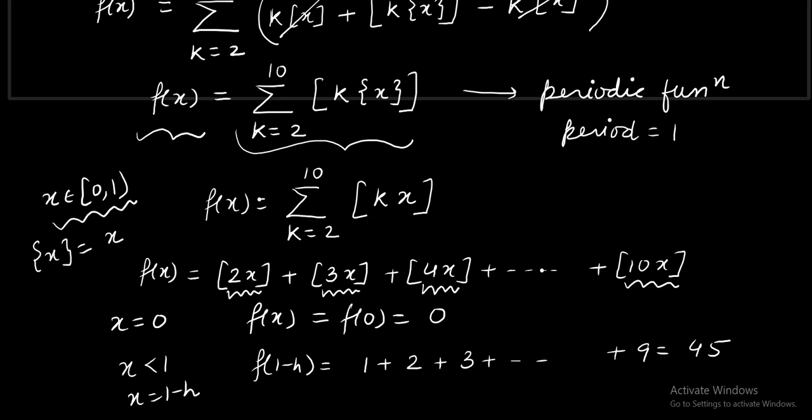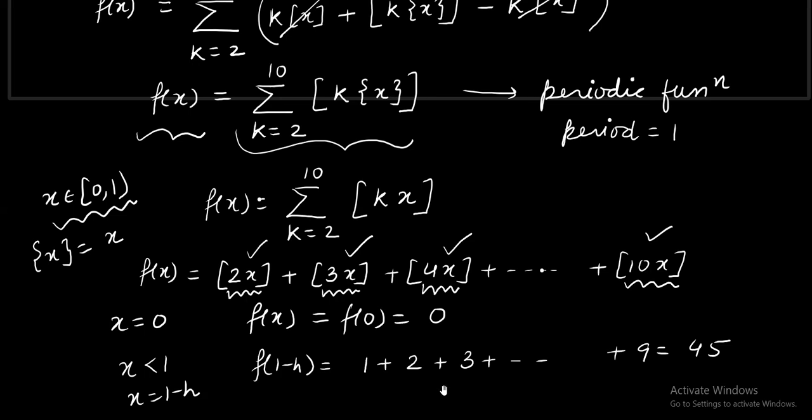We know that since x is positive, all these terms will keep on increasing. None of them is going to decrease at any point or any value of x. As long as x is positive, they will either stay the same value or will keep on moving in the positive direction. So the least value we kept of x gave 0. Maximum value, if I keep 1 minus h, then definitely the value is going to become 45.